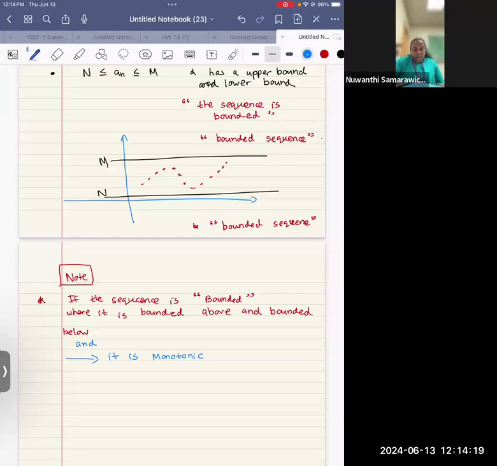If both conditions are satisfied, that is monotonic and bounded, then we can say the whole sequence is convergent.